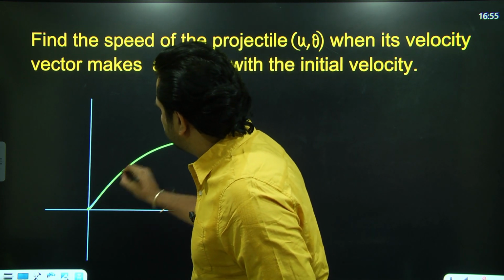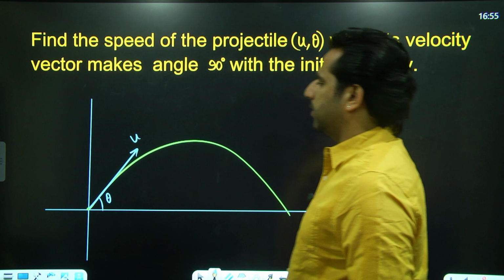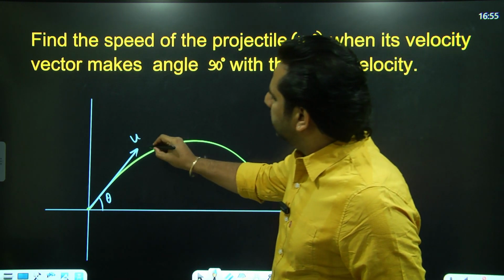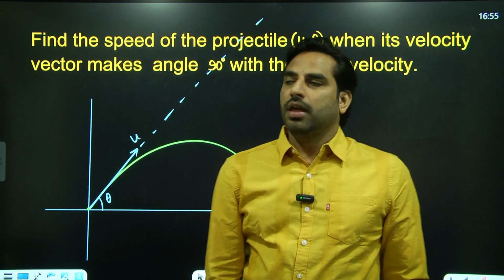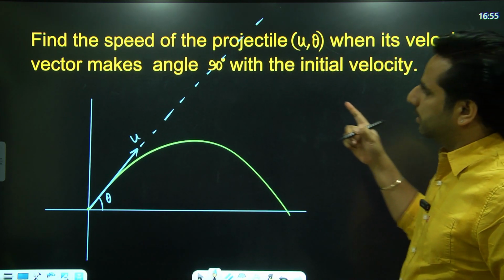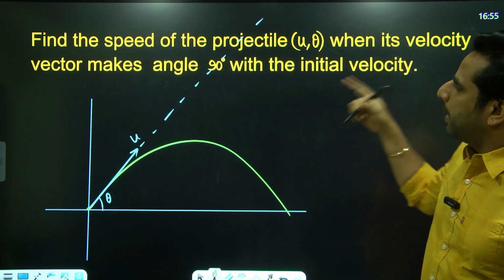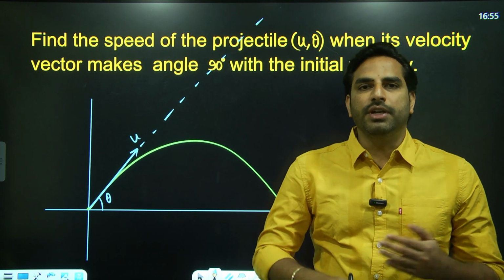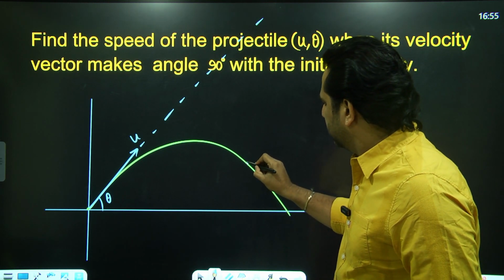Initial velocity of the projectile is u at an angle theta with the horizontal. During its trajectory, so this is the direction of initial velocity, you are supposed to find the magnitude of velocity, or the speed of the projectile, when its velocity vector is perpendicular to the initial velocity. That is only possible somewhere here.